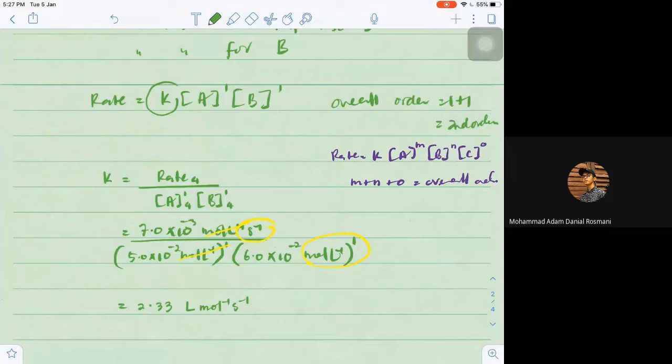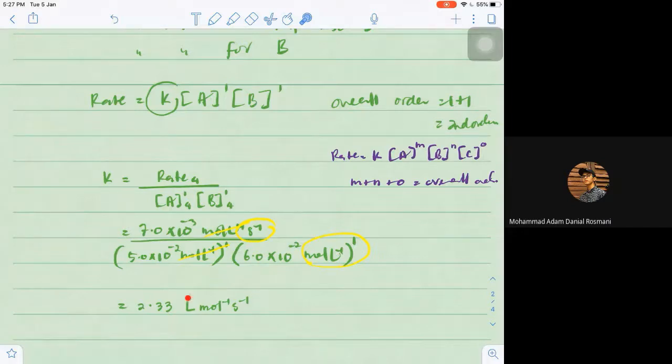Different overall orders will lead to different units of the rate constant. This is the rate constant unit for the overall second order.